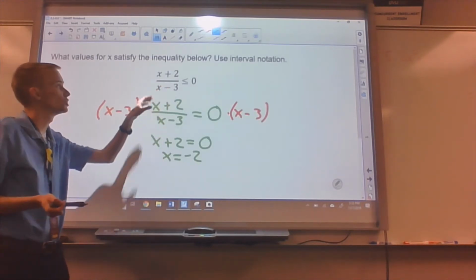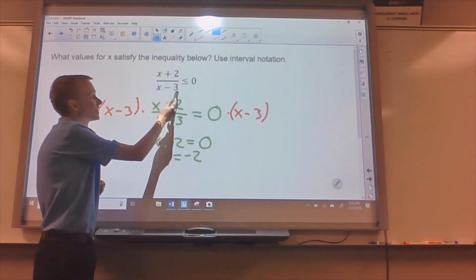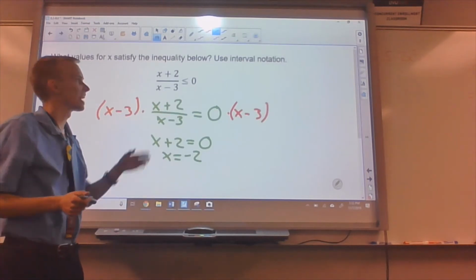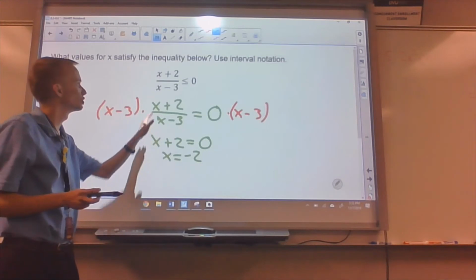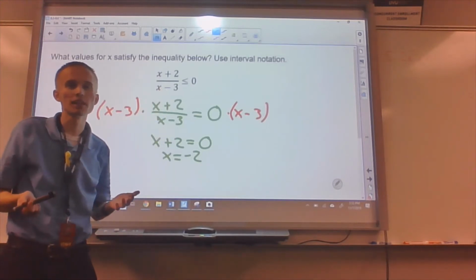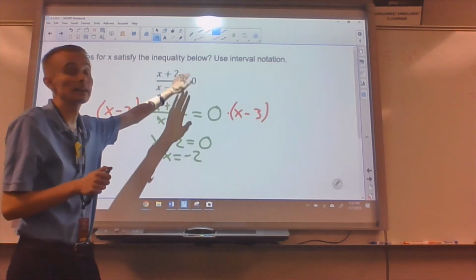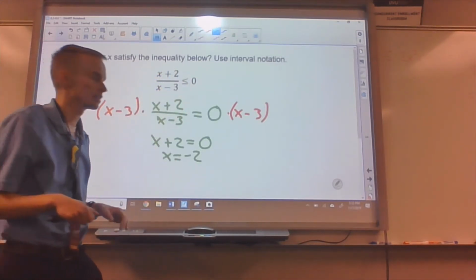So whenever you do inequalities with a fraction in it, you also need to think about where is the bottom 0? Because that will make the whole thing not make any sense, and that should be kind of included as a place where your answer could change, where this inequality could change from being true to untrue, and vice versa.